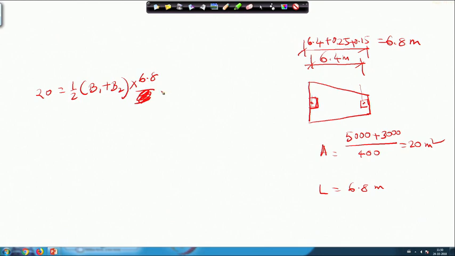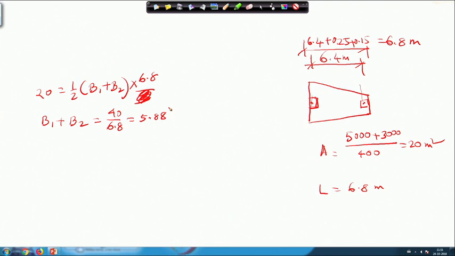From here I will get one equation, and if I simplify, then B1 plus B2 will be equal to 40 by 6.8, that will be equal to 5.88.